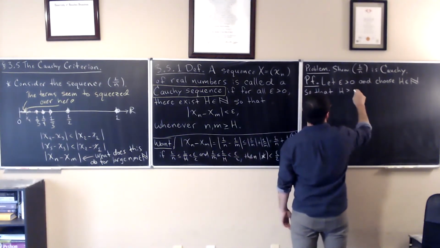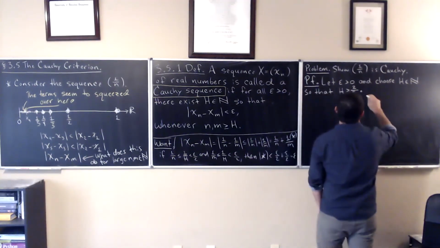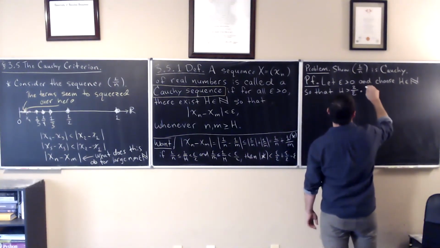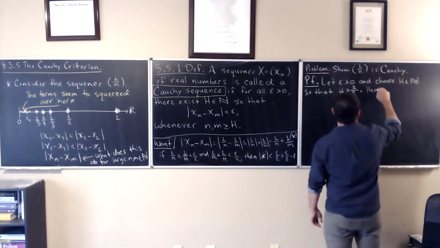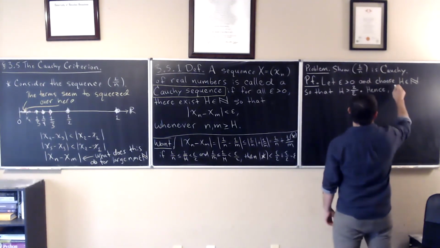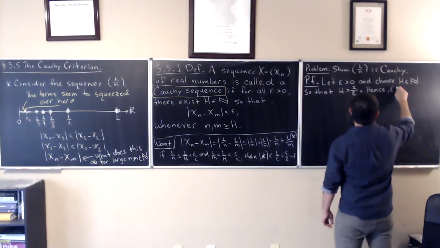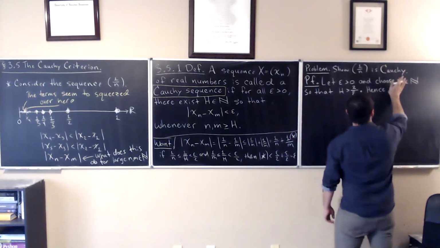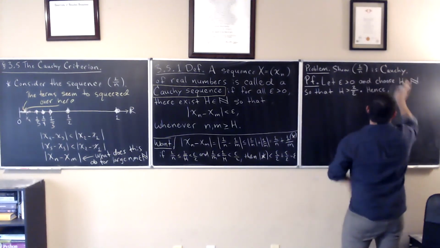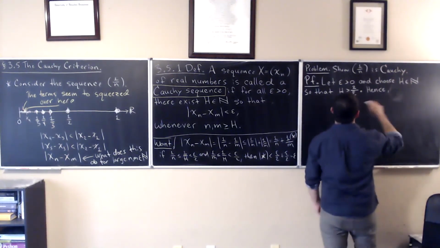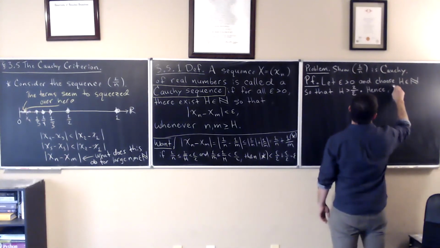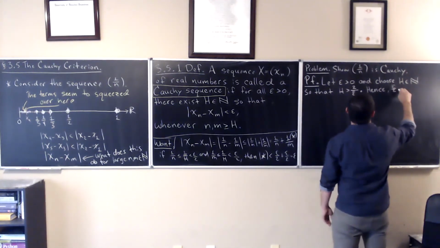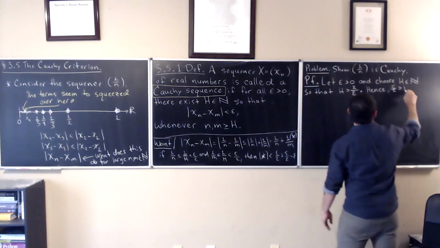Hence, epsilon over 2 is greater than 1 over h. Well, I hate it when that happens, but okay.